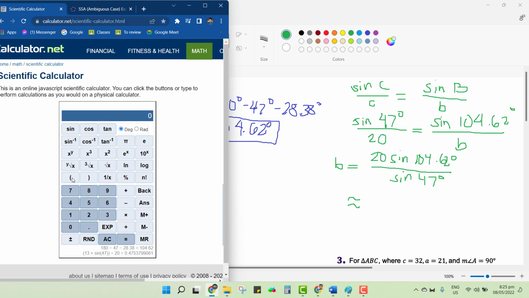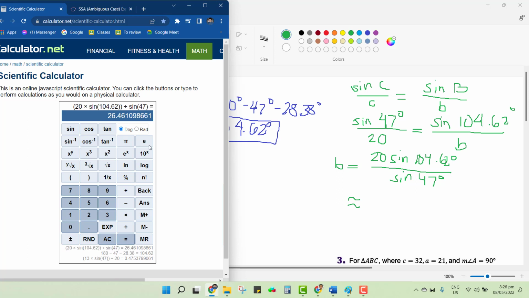You have parentheses 20 sine 104.62, close it. I need two parentheses because the first is for the angle and the second is for the complete figure. Then divided by sine 47. When I click equals, you will have 26.46.